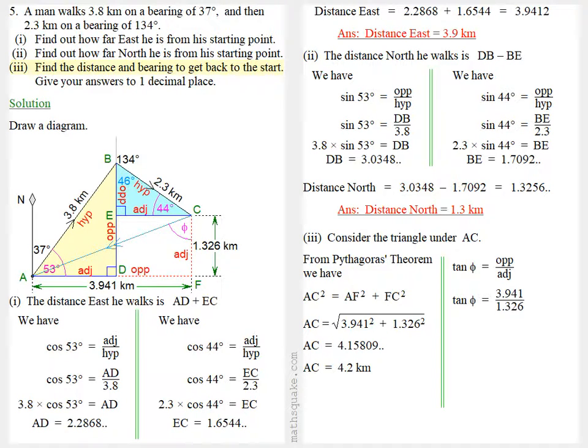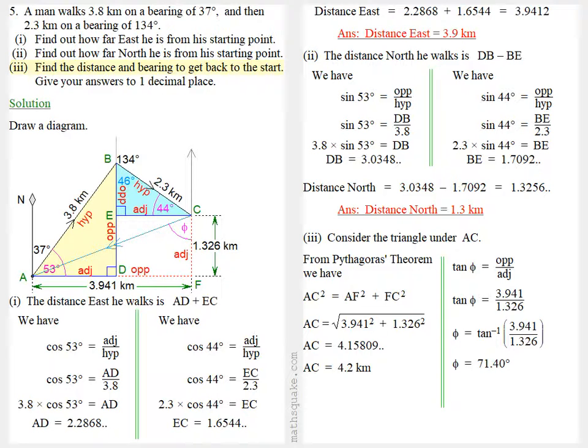So tangent of phi is 3.941 divided by 1.326, or phi is equal to the inverse tangent of 3.941 divided by 1.326. If we type that into a calculator, we find phi is equal to 71.40 degrees, but that's not the bearing.